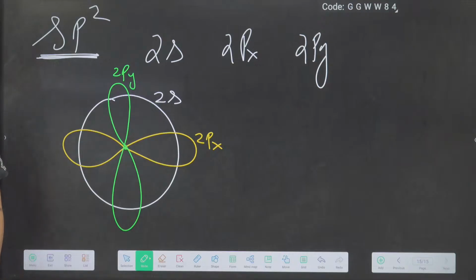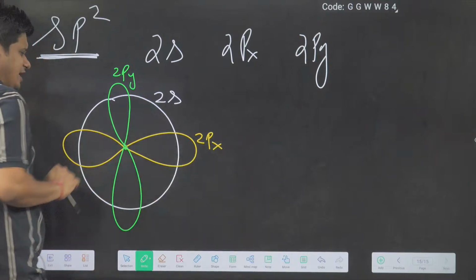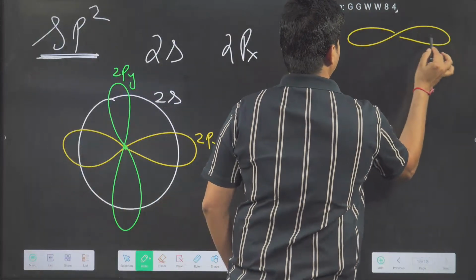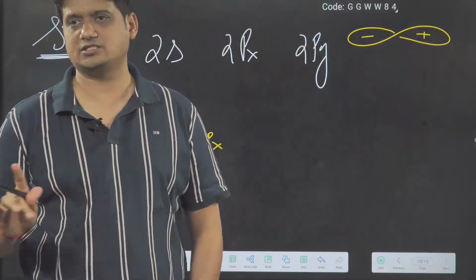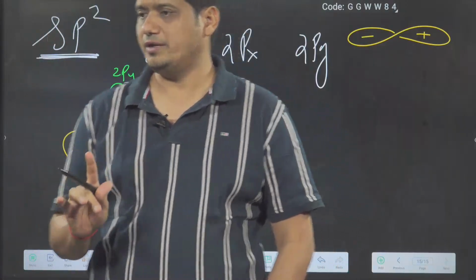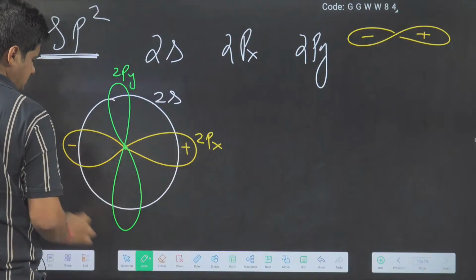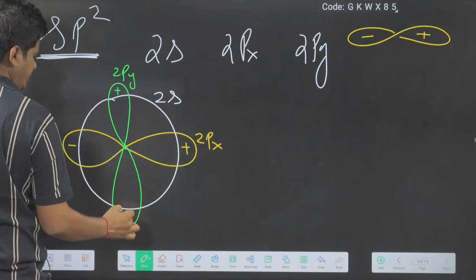I can represent sign convention also. This is a part of atomic structure, but okay, I will write it here. In case of a p orbital, one lobe is plus and the other lobe is minus. Plus minus signs don't represent charge. That you know. So let's say this is plus, so this is minus. Likewise for this other p orbital, one lobe is plus and the other is minus.